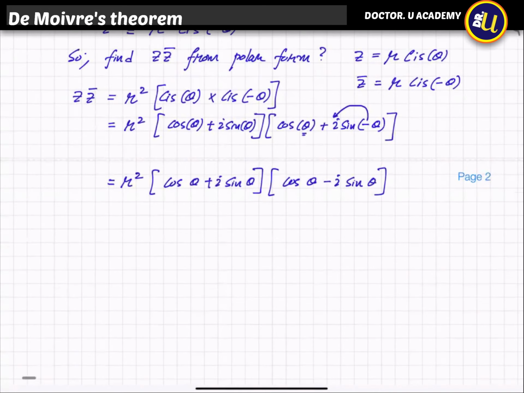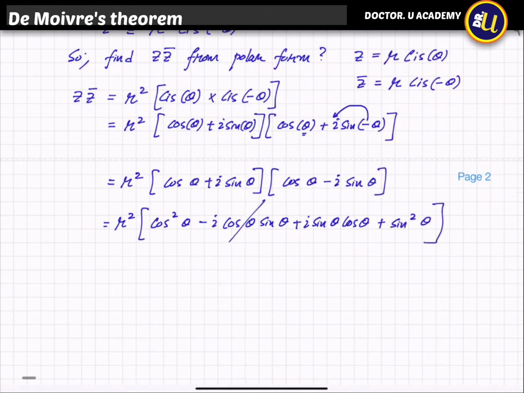So now if you look at this and simplify, cos with cos is going to be cos squared theta, cos with minus i sin theta is going to be minus i cos theta sin theta. Then i sin theta with cos theta is going to be plus i sin theta cos theta. Then i with minus i is going to be minus i squared, which is plus sin squared theta.